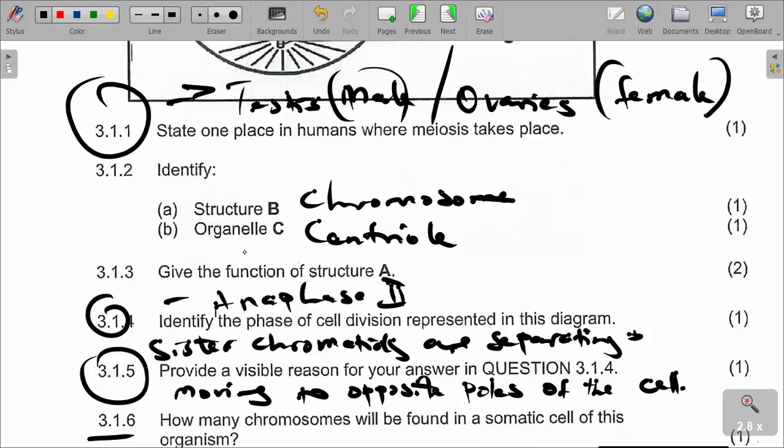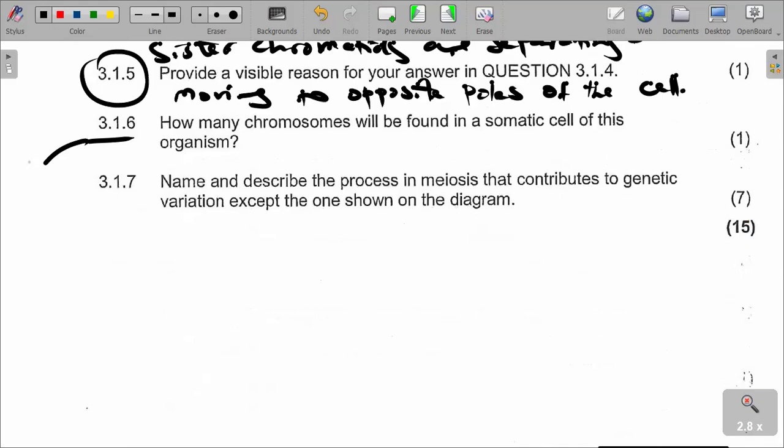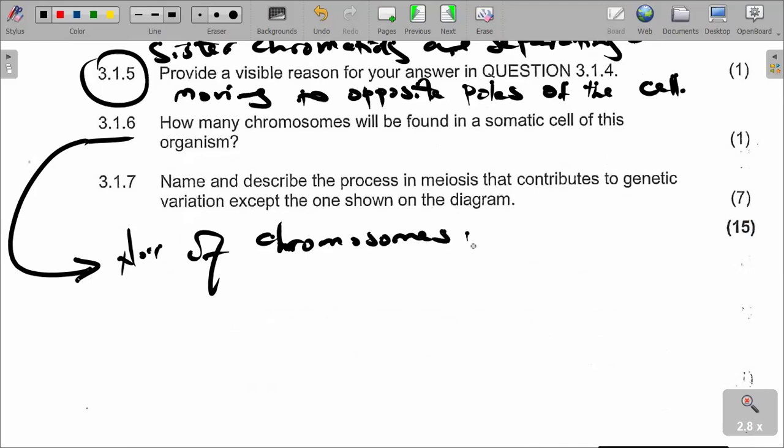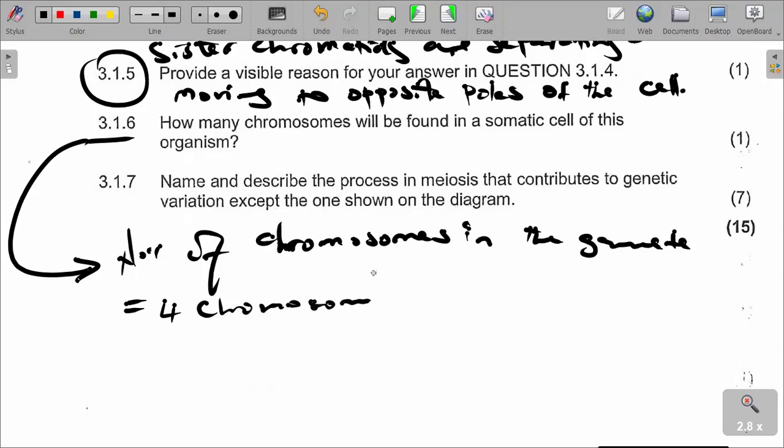The number of chromosomes in the gamete is equal to 4.